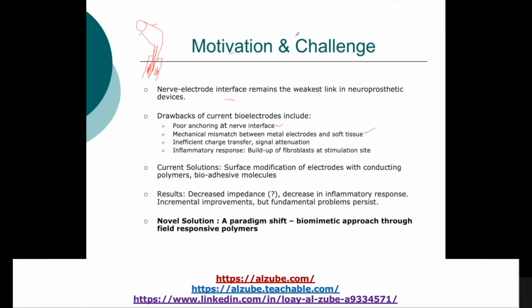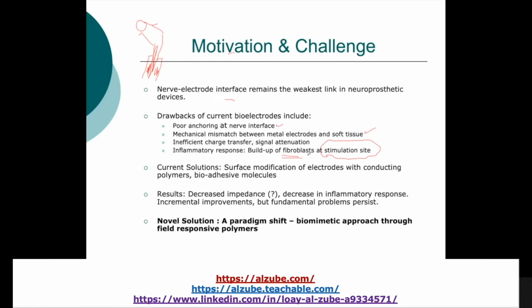But if you have a metallic wire, you have resistance, and that could lead to signal attenuation. And then you have inflammatory response because of the fibroblast and stimulation site. Even if you have a metal that is compatible, because of stimulation, we are noticing that the stimulation site has a lot of fibroblasts in that location.